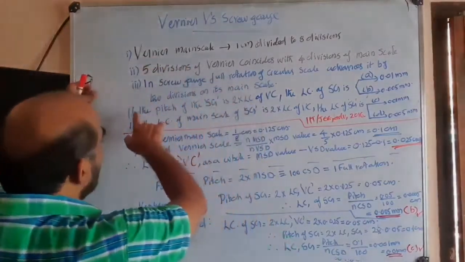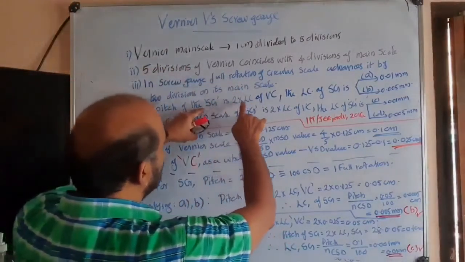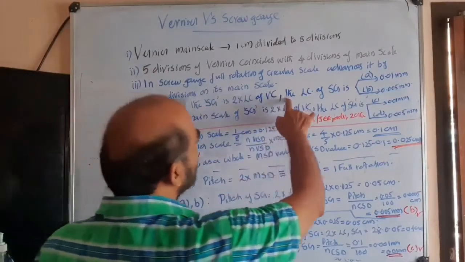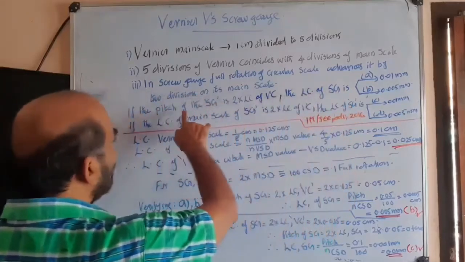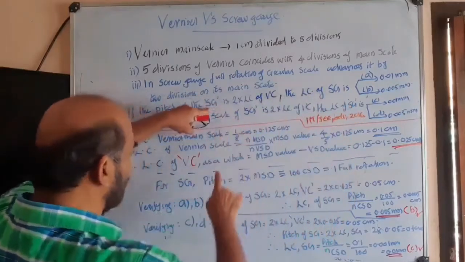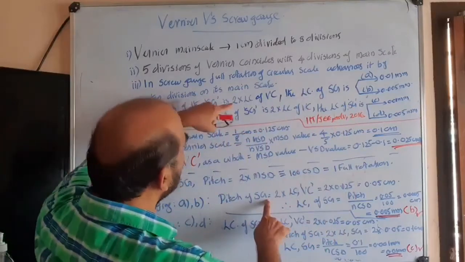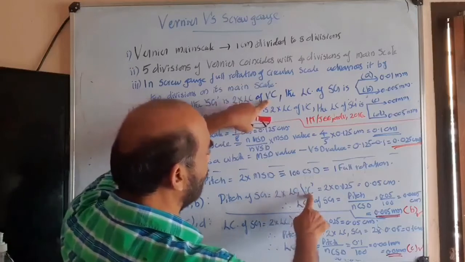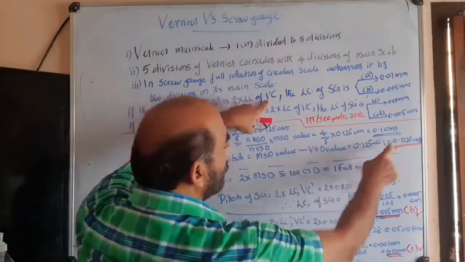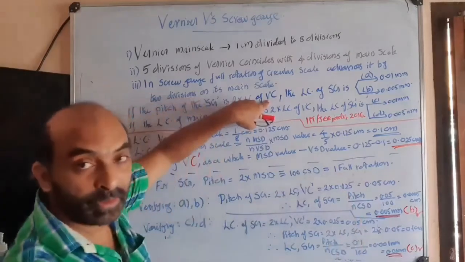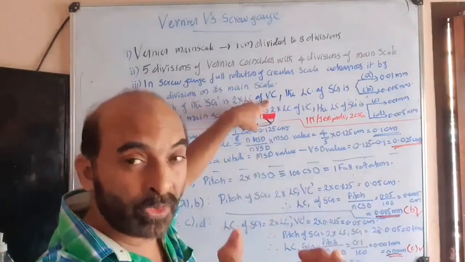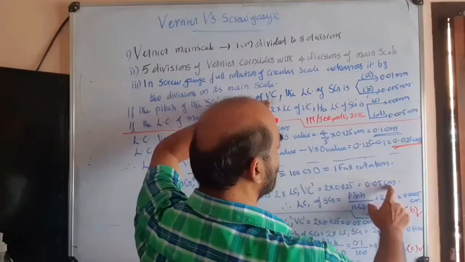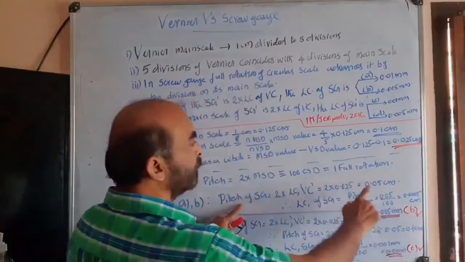Look here: if the pitch of the screw gauge is 2 into the least count of the vernier calipers, where the least count of the vernier calipers as a whole is 0.025, not of the main scale, not of the vernier scale. So 2 into 0.025 is equal to 0.05 centimeter. So we got the pitch of the screw gauge.